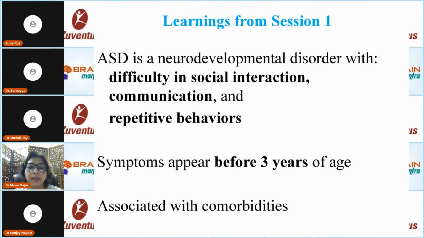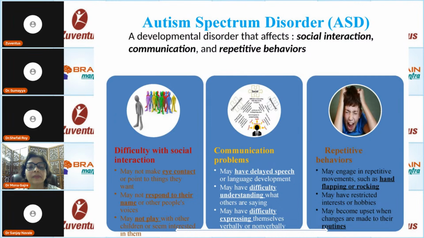Could I have the next slide, please? Yeah, so just to have an overview and to discuss in a little more detail before we go to the screening test which is applied in autism. Autism, as we know, is a triad in which social interaction and communication are impaired, and the child could have repetitive behaviors. The first thing is social interaction.